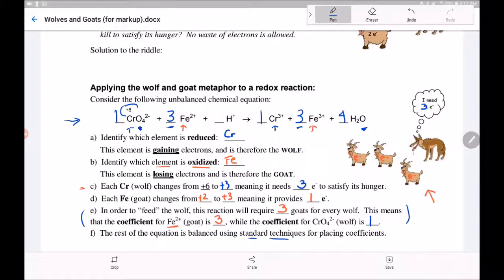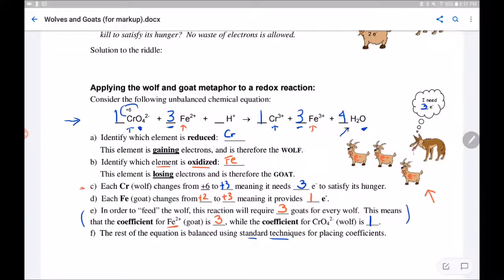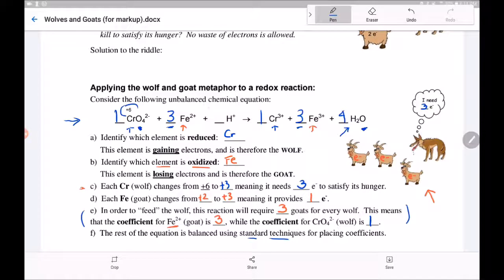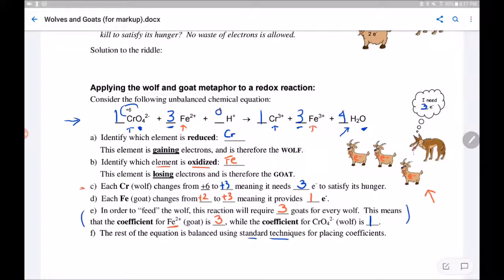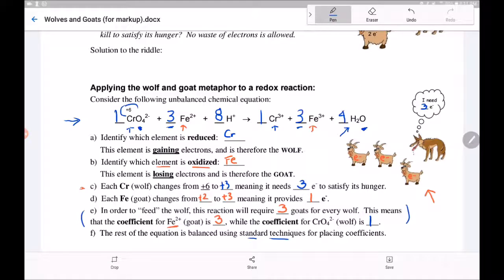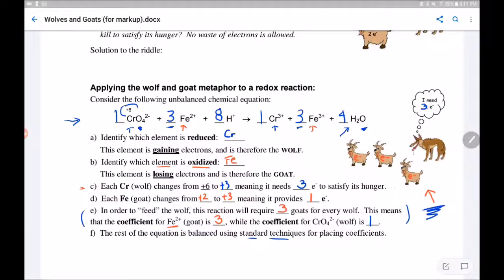What's the number there? 8 hydrogens in the end requires 8 hydrogens in the beginning. So you can see that this equation has now got some very large coefficients, but it is correctly balanced with 1, 3, 8, 1, 3, 4, and the wolf and goat metaphor helps get this very important ratio, the 3-to-1 ratio.